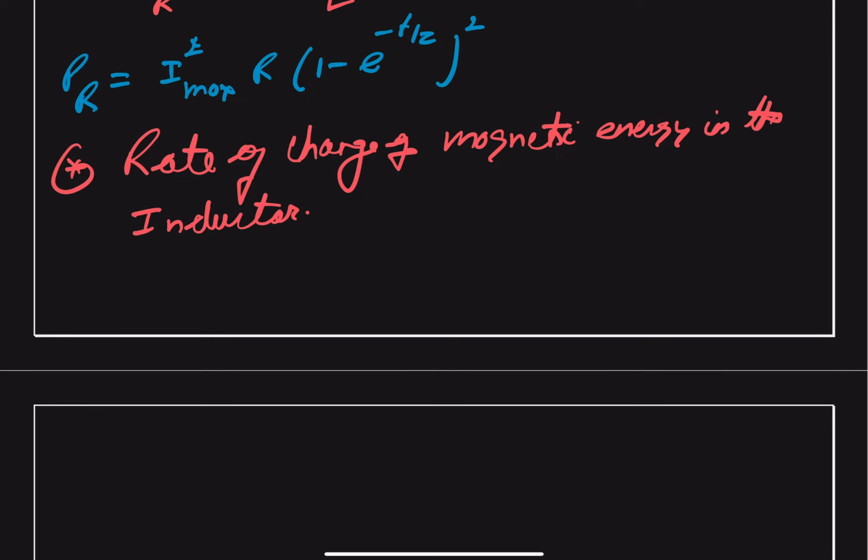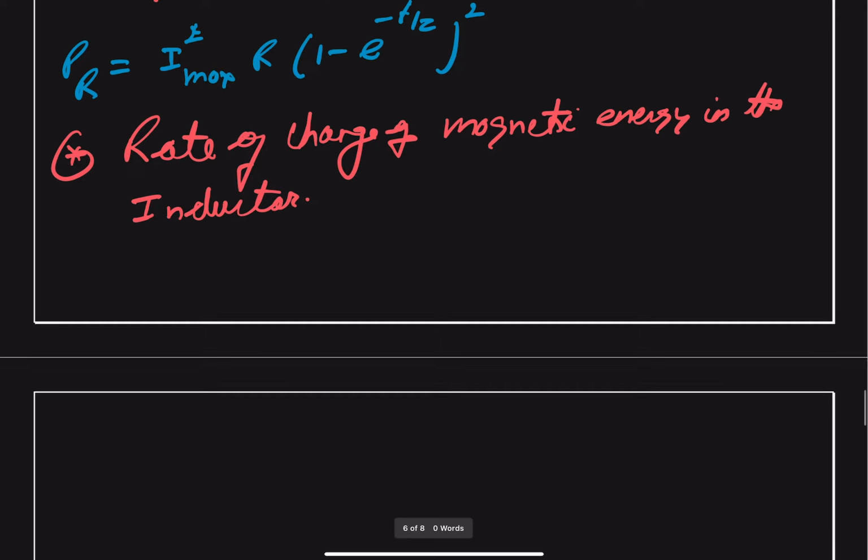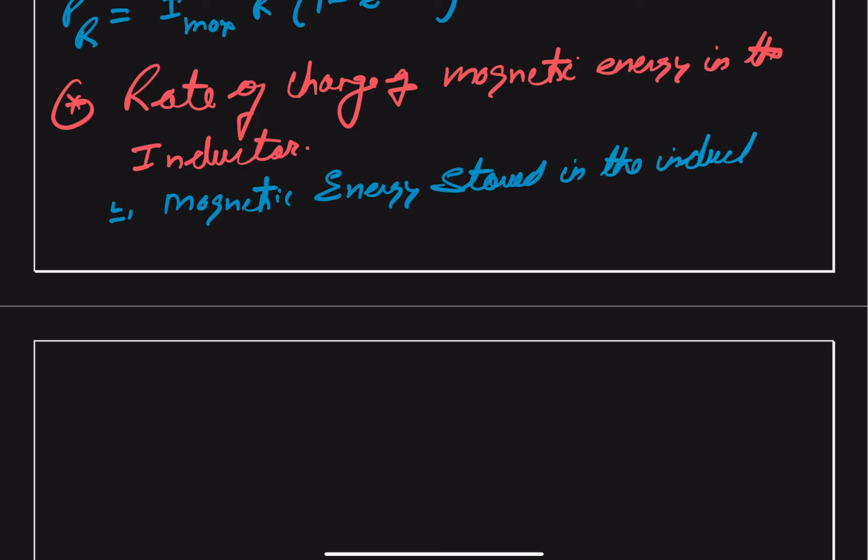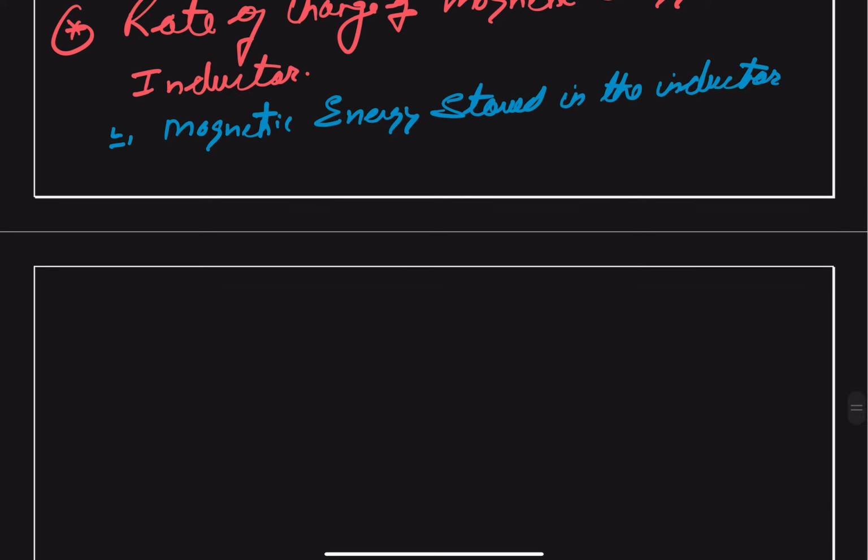The magnetic energy which is stored in the inductor, let us call that U_B, will be equal to half L i square. Rate of storage of energy, we can simply differentiate it.